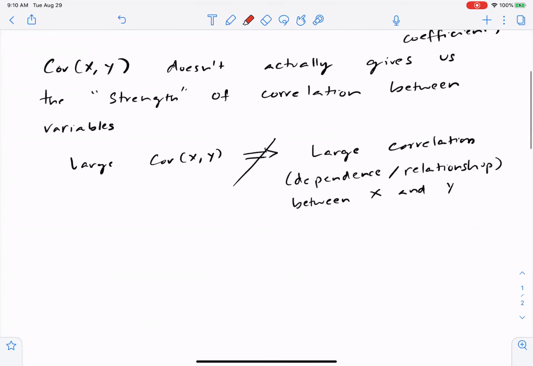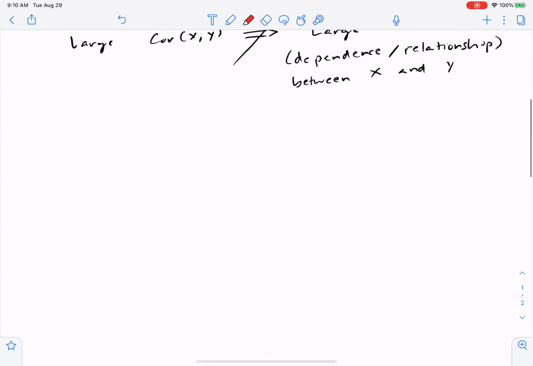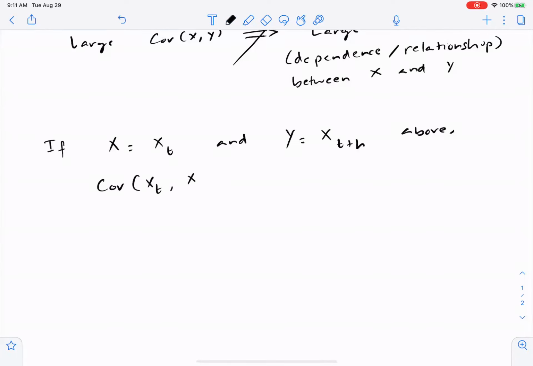Okay, how does this translate to an autocorrelation function? If x above is equal to x sub t and y equals x sub t plus h, then we would write it as covariance of xt comma xt plus h.